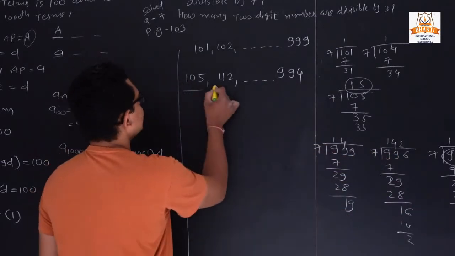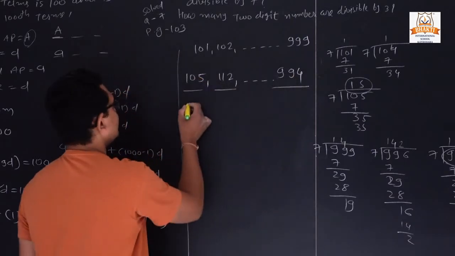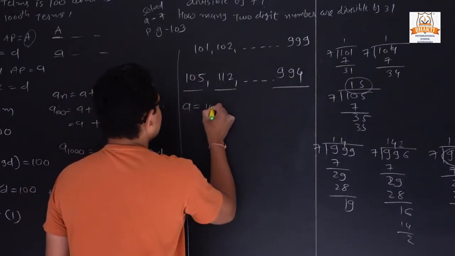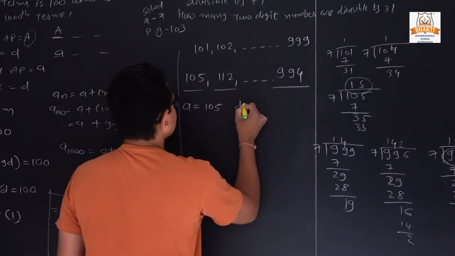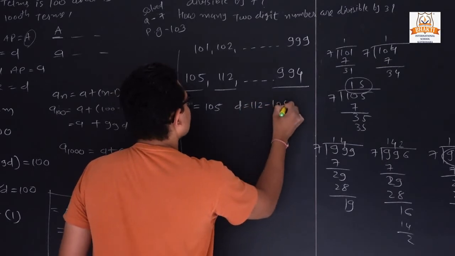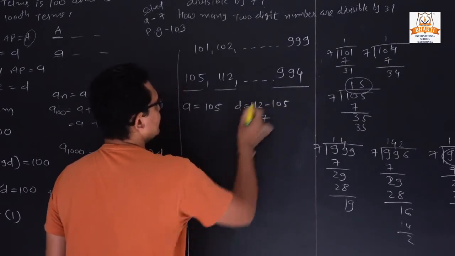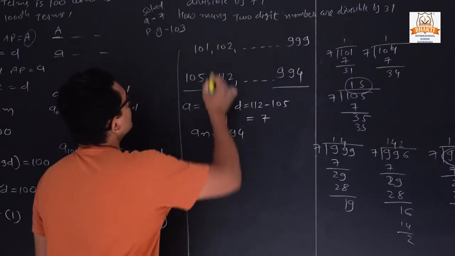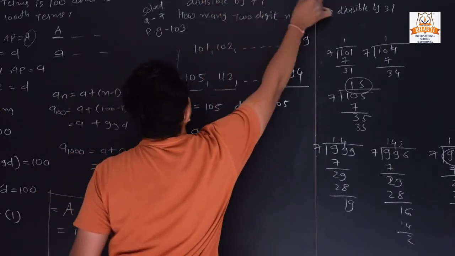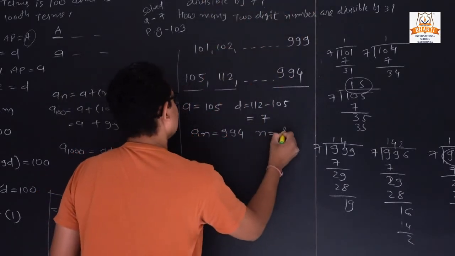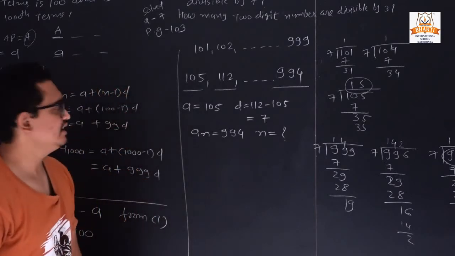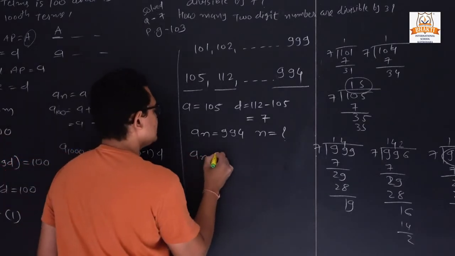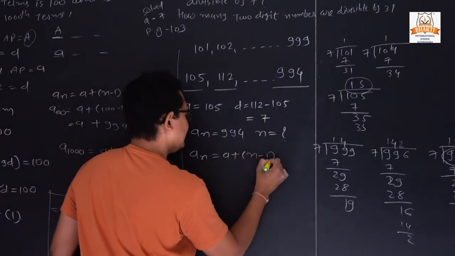So now we have a series. So what is its first term? 105. What is the difference? It is 7. And what is an? Last term? It is 994. So we want to find out how many 3-digit numbers, means n. Clear? Means n. So now we can use our formula a plus n minus 1 into d.